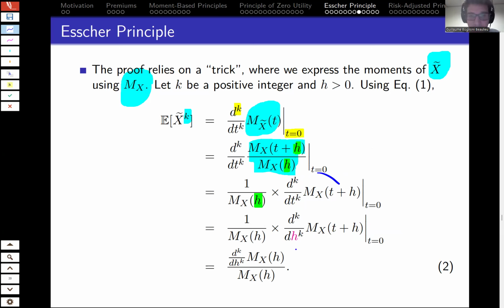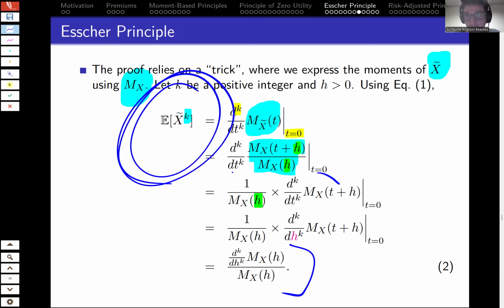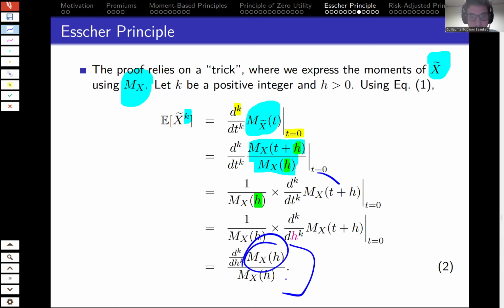So then you're left with just the derivative of mx, but now with respect to h. Okay, so in the end, that's the final result. The kth moment of x tilde is the initial MGF of x, derivated k times and evaluated at h, and divided by mx of h. That's the main ingredient we need to show what we want.